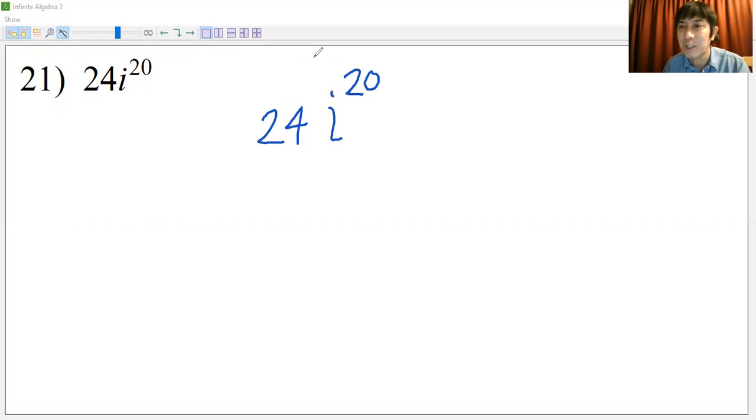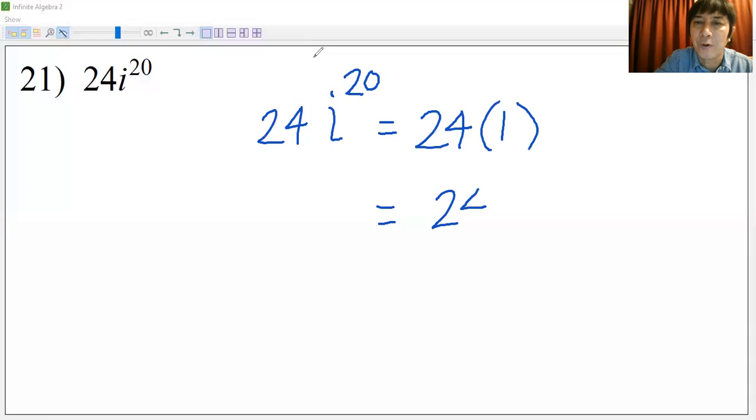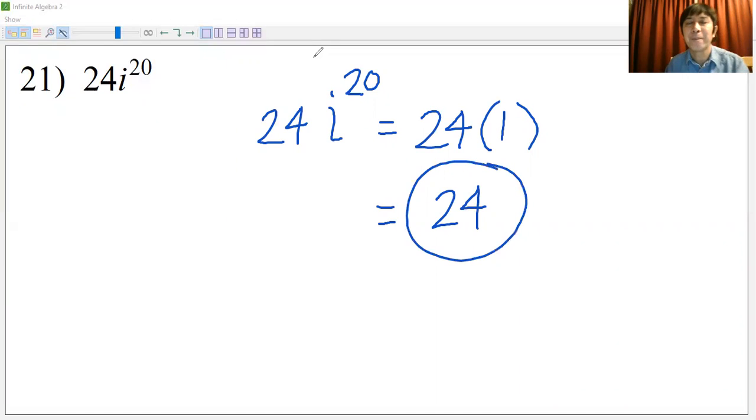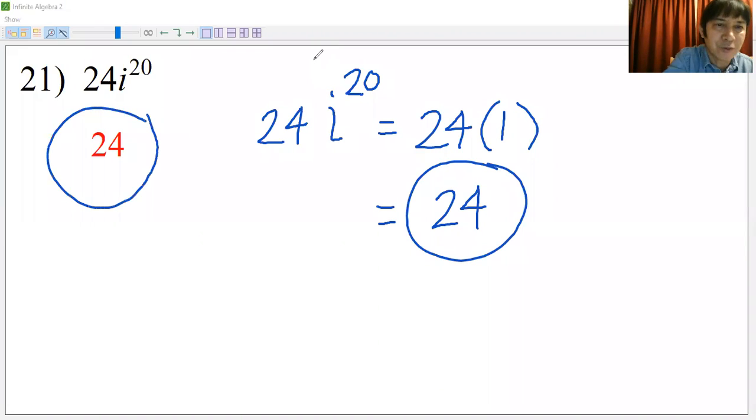If it's divisible by 4 with the remainder 0, of course, that is positive 1. So this will simply be 24 times 1, and this is equivalent to 24. That should be the answer. Let's verify. The answer is 24.